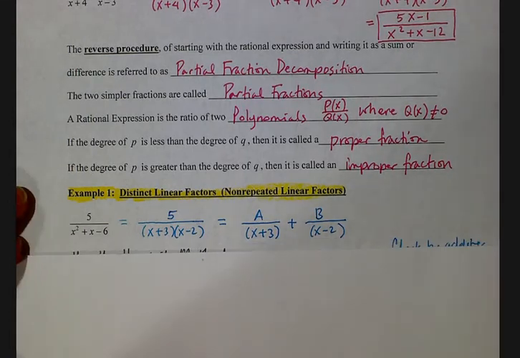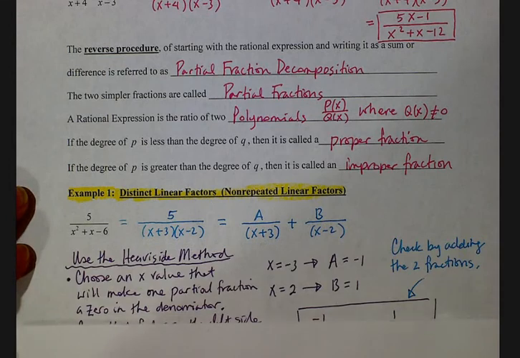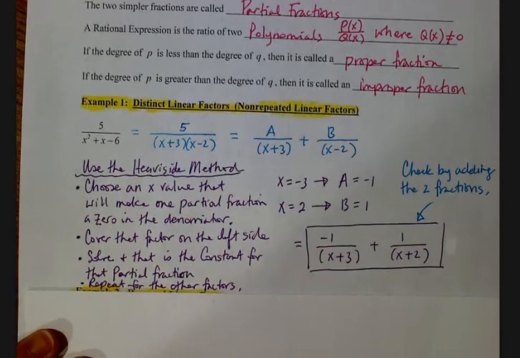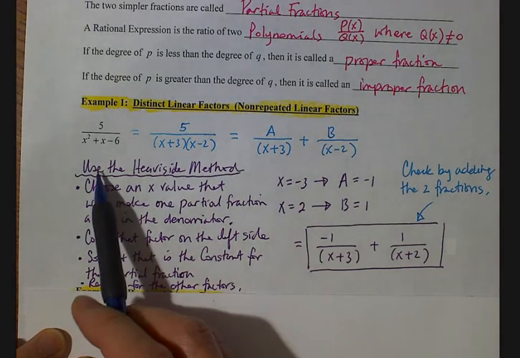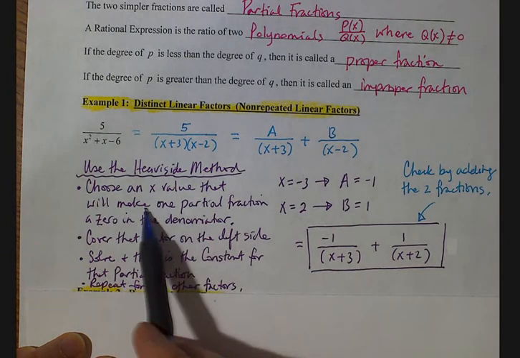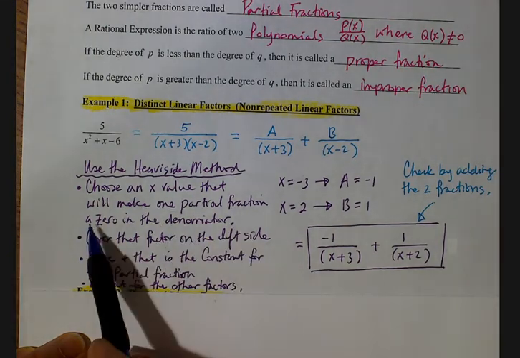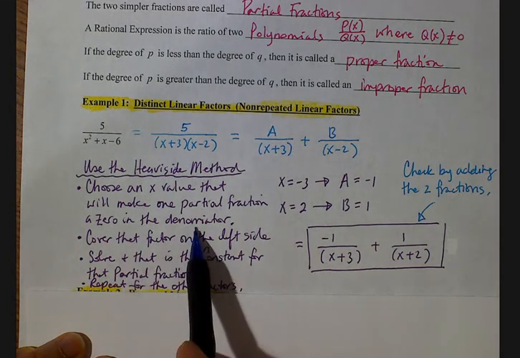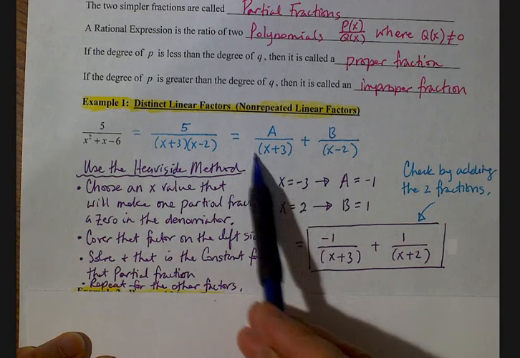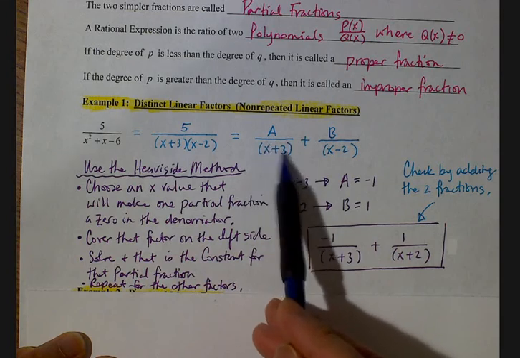And I'm going to use what's called the Heaviside method. And this is what the Heaviside method is. You're going to choose an x value that will make one partial fraction a 0 in the denominator. Okay, so I'm going to look at this one here, and I'm going to ask myself, what will make this x plus 3 as 0?